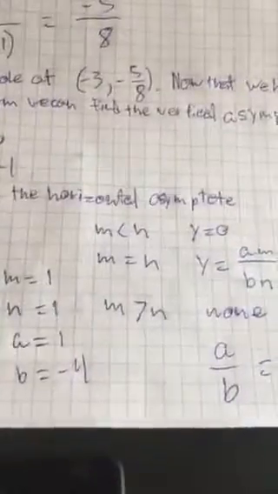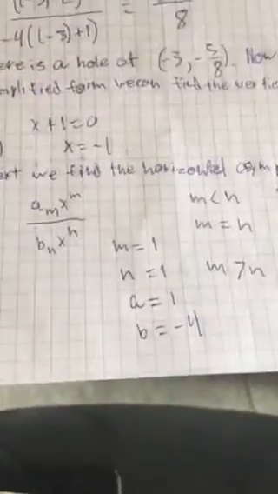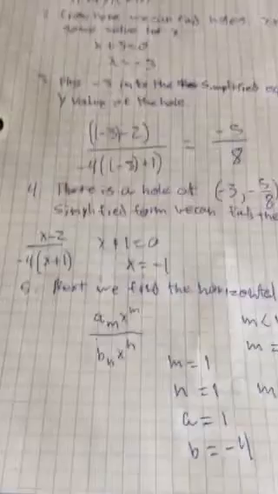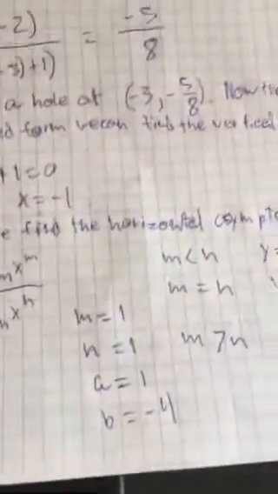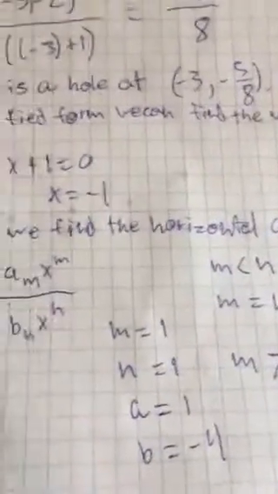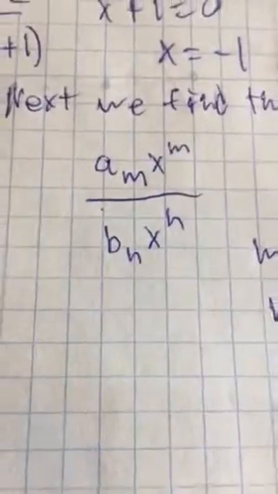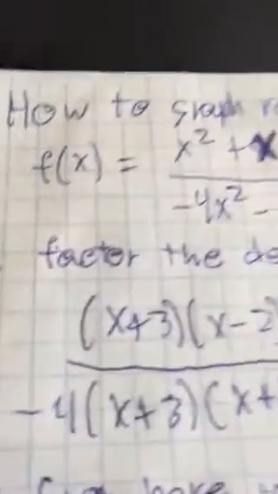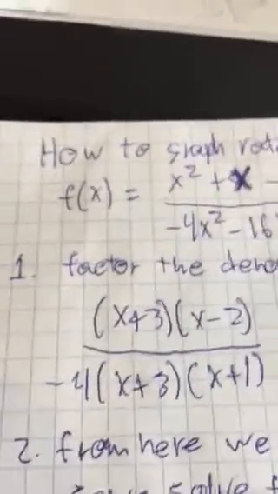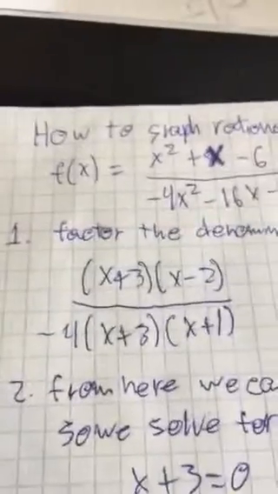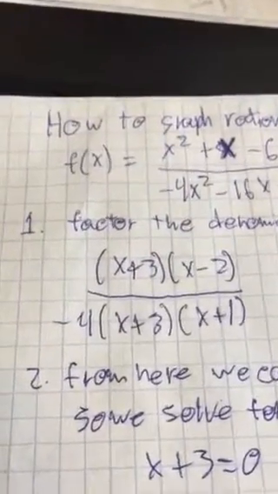Next we find the horizontal asymptote, and this is determined by looking at the first term of the numerator and the denominator, so it'd be x squared over -4x squared.